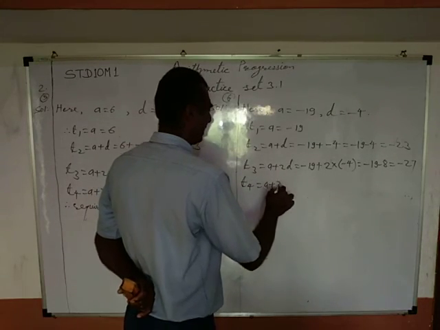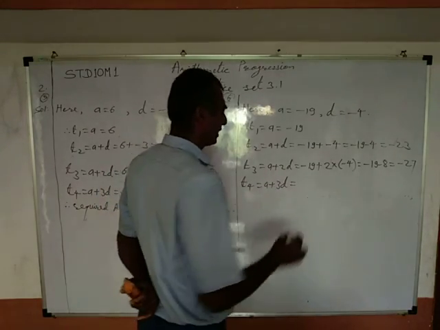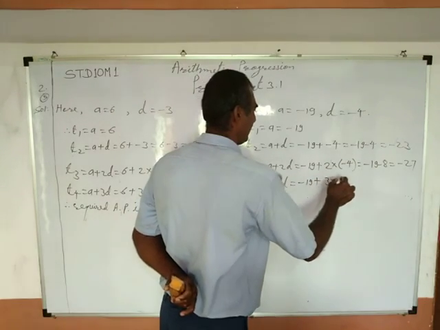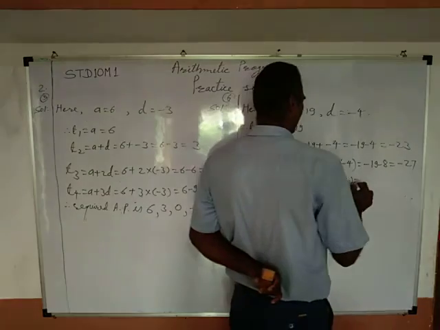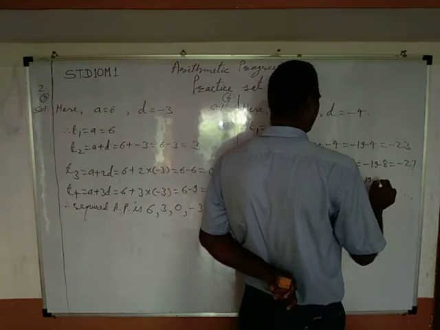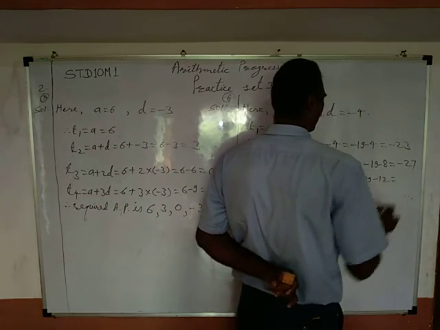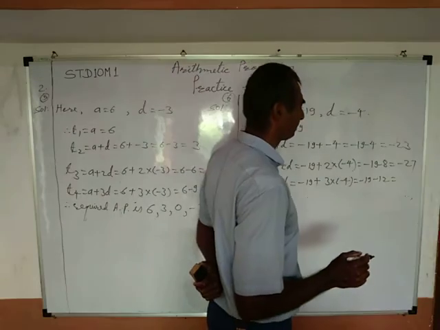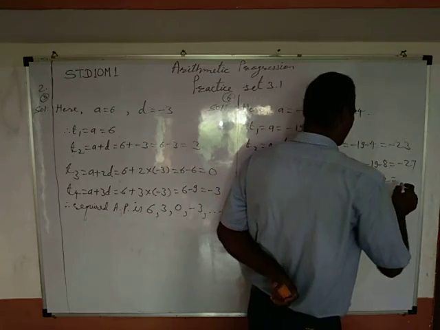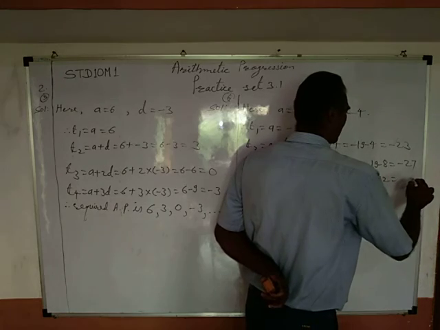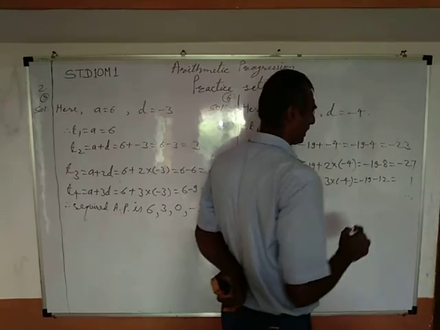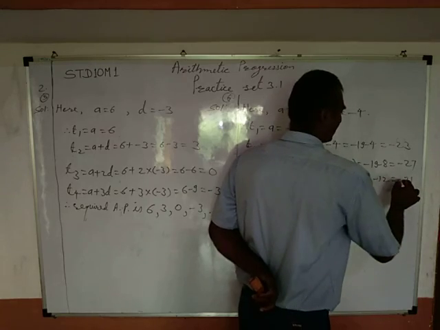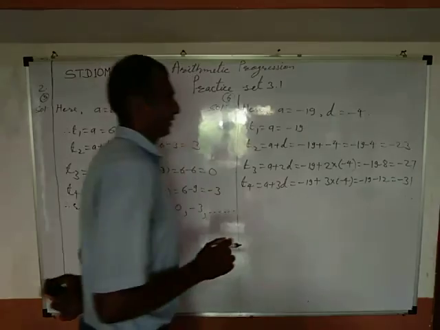T4 equals A plus 3D equals -19 plus 3 into -4 equals -19 minus 12. -19 minus 12 gives us 9 plus 2, 11, carries 1, 1 plus 1 plus 1 gives us 3, and the sign should be minus.